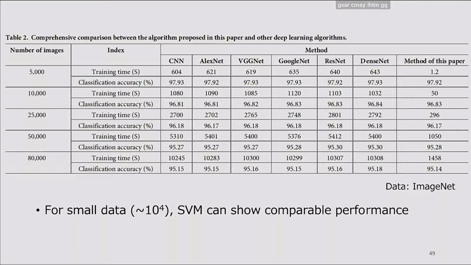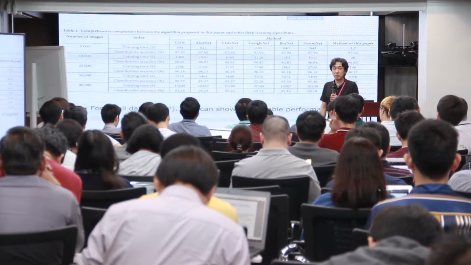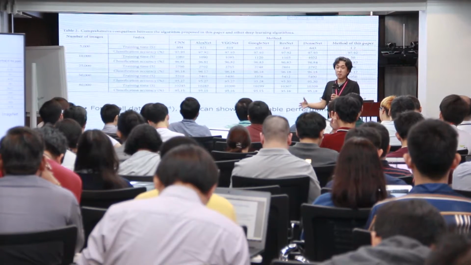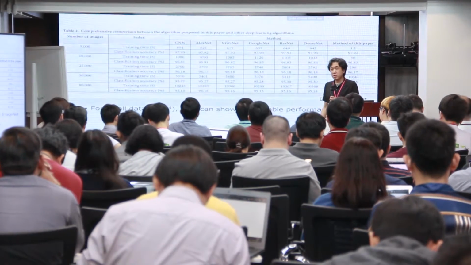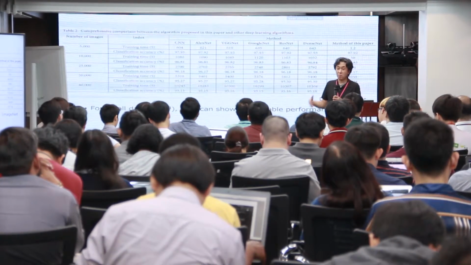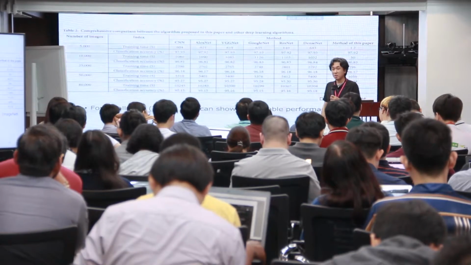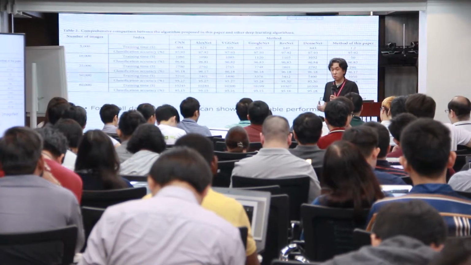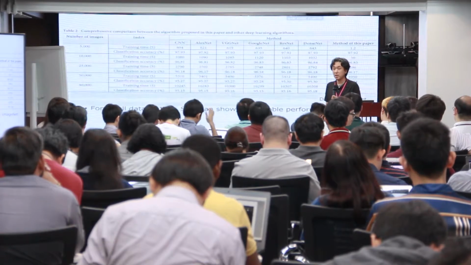But from a different view, we can recognize that with this order of data size, there is no very significant difference between support vector machine and deep learning. So if you have a small data set like thousands, there's no reason to tackle deep learning and play with different architectures. You can simply use a support vector machine that may give you a competitive result compared with the state of the art.